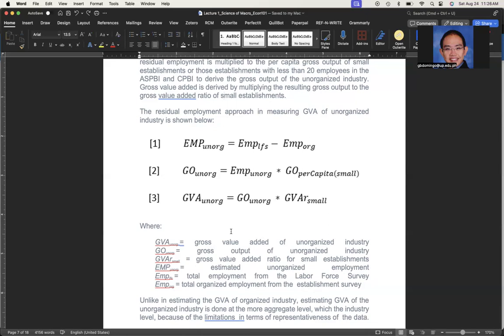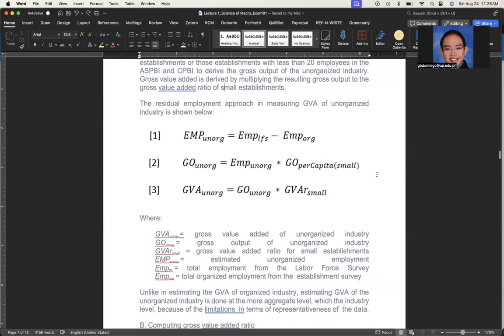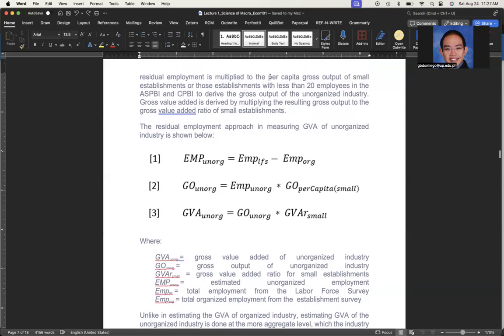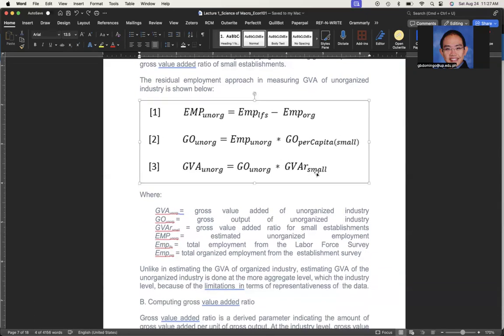All right. So these two are ratios here. GO per capita is a ratio, because it's the per capita output. And GVA R small is also a ratio.